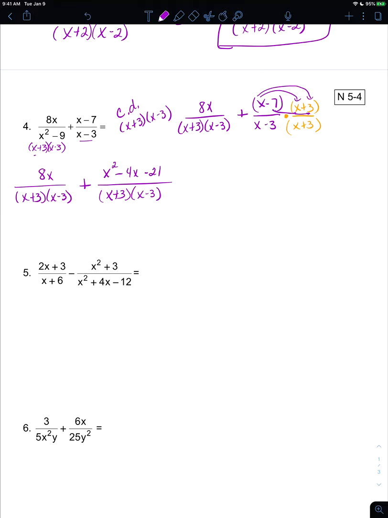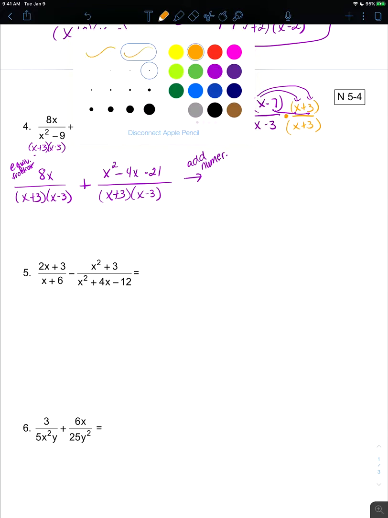Okay, so now we're ready to add those numerators. So we made our equivalent fractions. Now we're going to add our numerators. So we've got the 8x plus the x squared minus the 4x minus the 21.